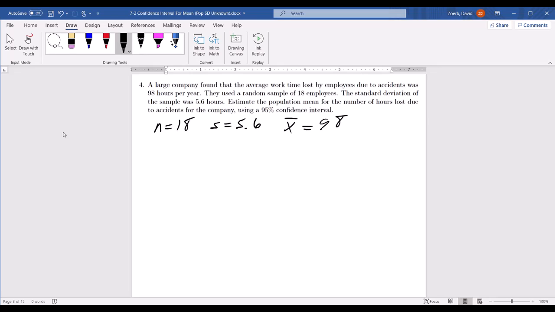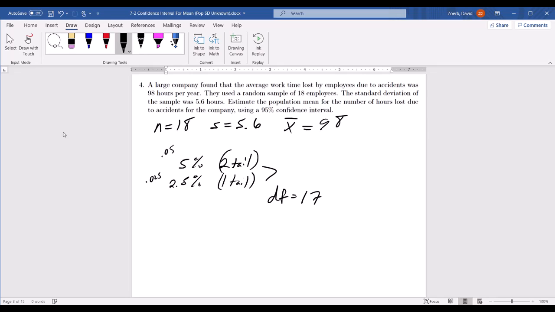Now they're wanting 95%, so what I'm going to use is the leftover, which would be 5% for two tails. Half that is 2.5%, which would be one tail. 5% as a decimal is 0.05. 2.5% as a decimal is 0.025.